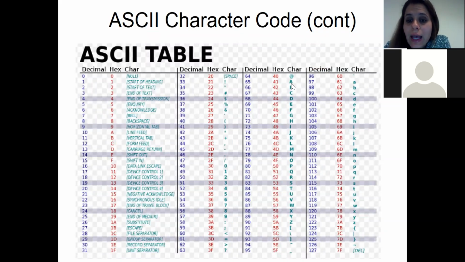The uppercase A is before the uppercase Z, but the small letter a is actually after this one. So you finish all the uppercases and then you start with the lowercases. It has to be in this sequence. Why does it have to be in this sequence? Because the numbers are in sequence. We don't want to mess it up.